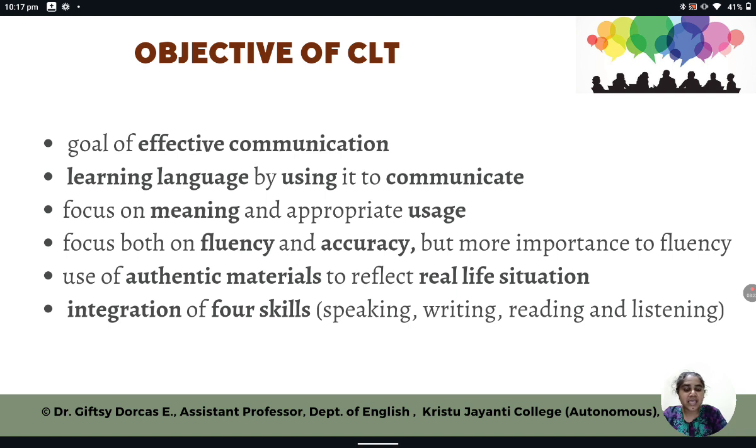And both fluency and accuracy were given importance, but under this method, fluency was given more importance. And authentic material based on real life situations was also introduced. So that is one of the objectives. And integration of not just one skill but all 4 skills of speaking, writing, listening, and reading were emphasized under CLT.